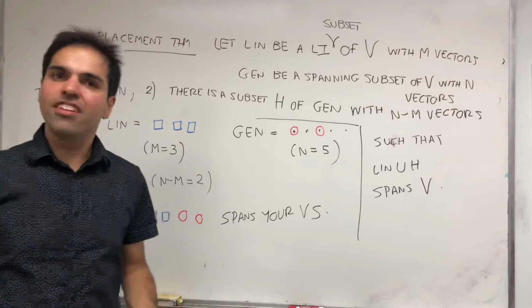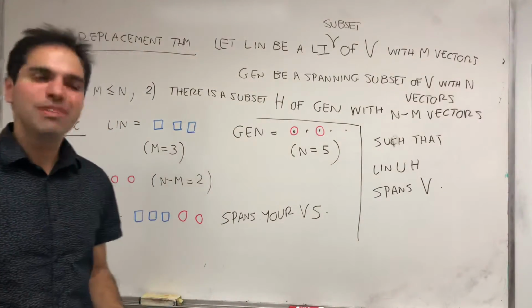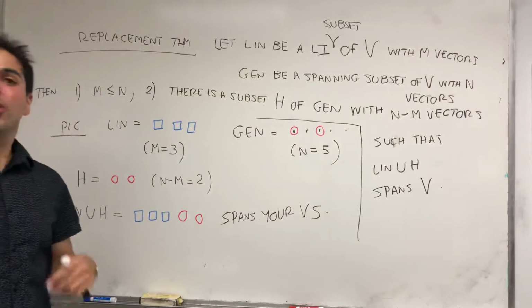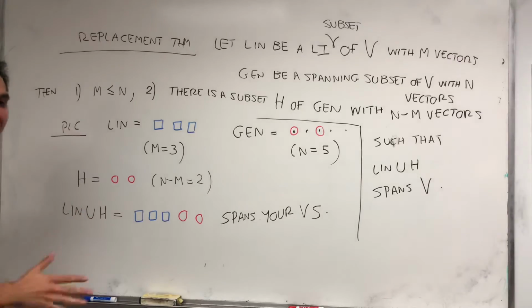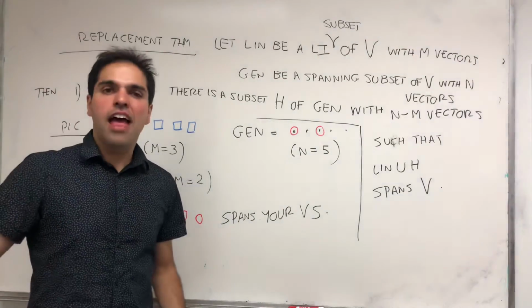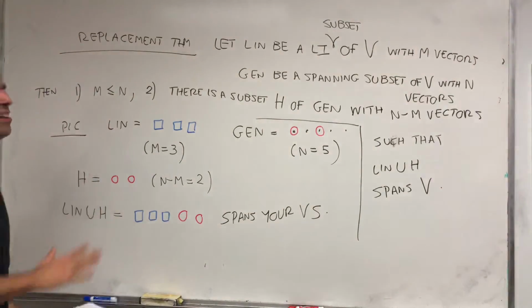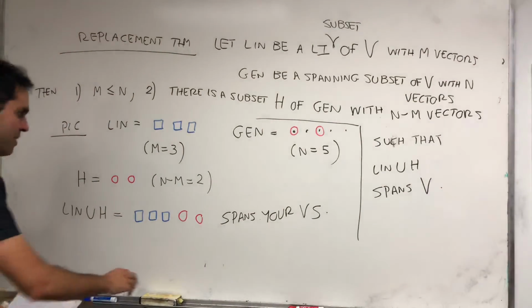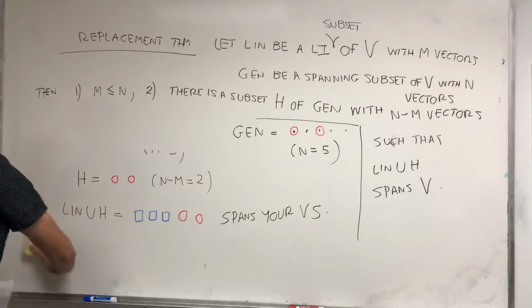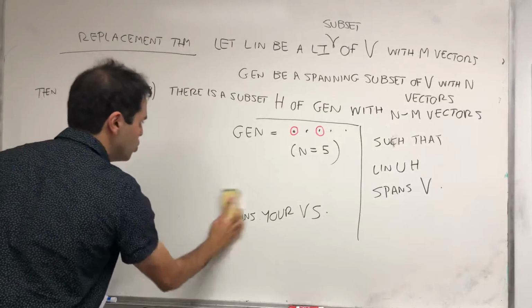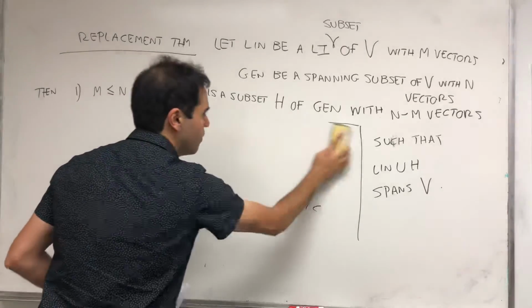I will do it in another video. Otherwise, this one will be too long. But let me show you why it's so good. Because it turns out everything we want to know about linear algebra, we can show using that replacement theorem. So now let me give you 2 or 3 corollaries from this.